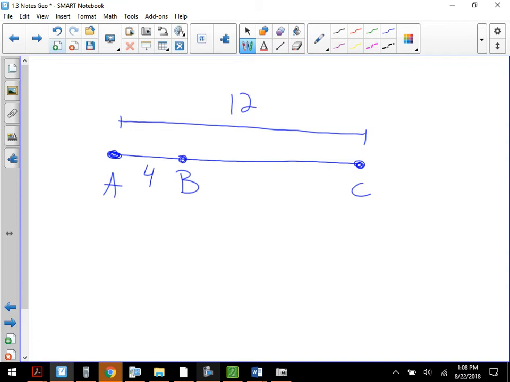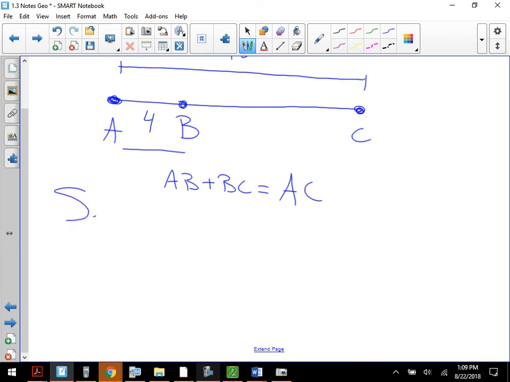So basically what you're saying is that if I go from A to B, and then I go from B to C, what does that have to equal? AC, and you're right. So what you're doing here is called segment addition. Segment addition works when you have collinear points.